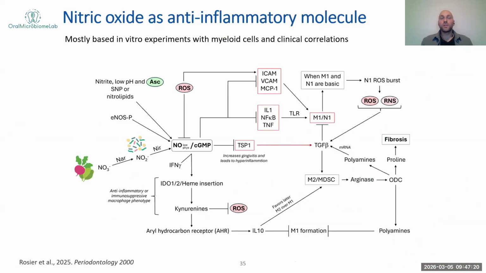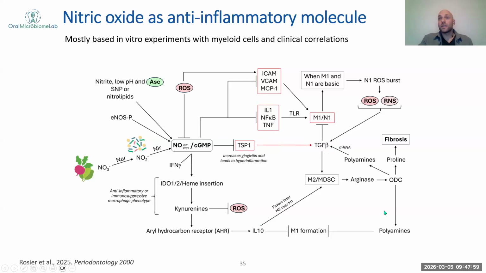Once again, a quite detailed figure, but I will just go over the main observations. cGMP signaling induced by low physiological concentrations of nitric oxide can limit inflammatory mediators and can also suppress TSP1, which avoids excessive TGF-beta expression. And excessive TGF-beta expression is associated with pathological tissue remodeling. Additionally, this pathway can increase anti-inflammatory IL-10 expression.